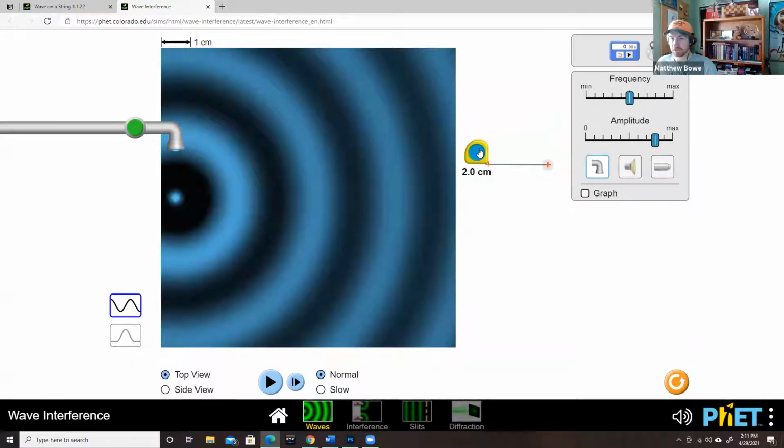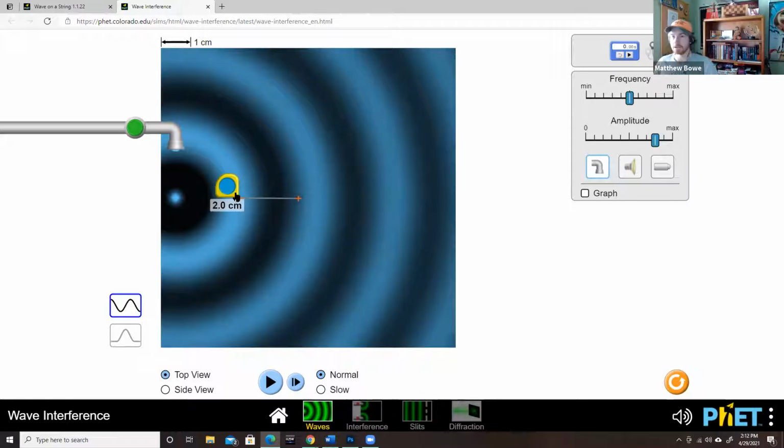So what I would do to measure a wavelength on this is I would take one red X, and I'd put it, let's say, in the center of a bright region. So a bright region right here, right in the center.